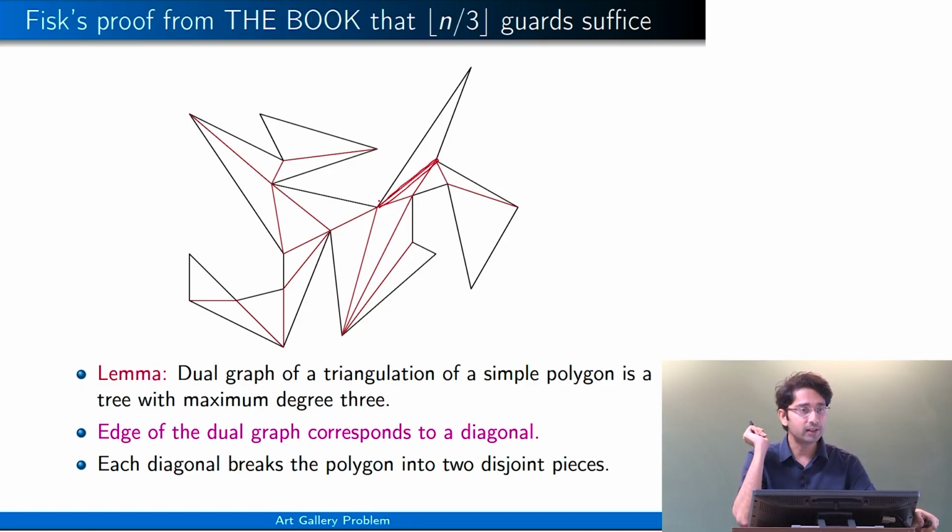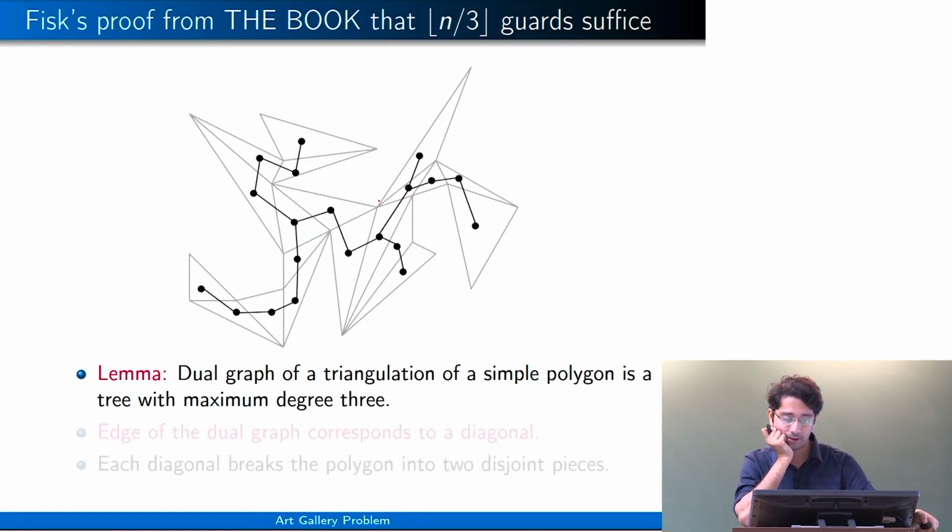What does the diagonal represent in a dual graph? An edge of the dual graph, right? So, when I cut along the diagonal, it divides into 2 parts. What does that transform to in the dual graph?